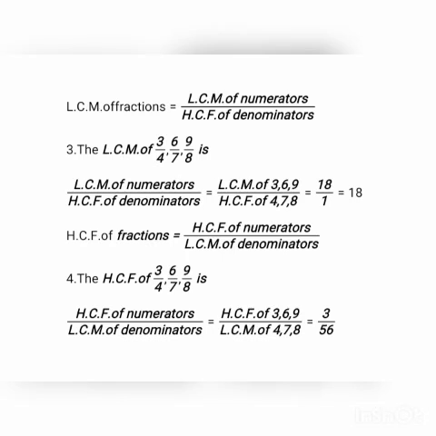Our next formula is HCF of fractions equal to HCF of numerators by LCM of denominators. Now to find HCF of 3/4, 6/7 and 9/8 is HCF of numerators, that is HCF of 3, 6, 9 by LCM of denominators, that is LCM of 4, 7, 8.